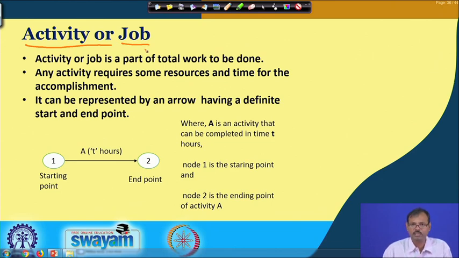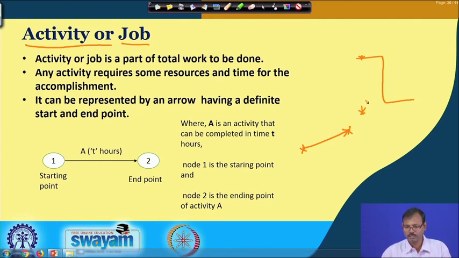Each of these unit operations is called an activity or job. So, basically an activity is nothing but a job or a unit operation, and that operation is expressed with an arrow. But there must be a starting point of the arrow and an end point of the arrow. If you consider drilling, the starting point of the arrow is the bench top and the end point of the arrow is the bottom of the hole.